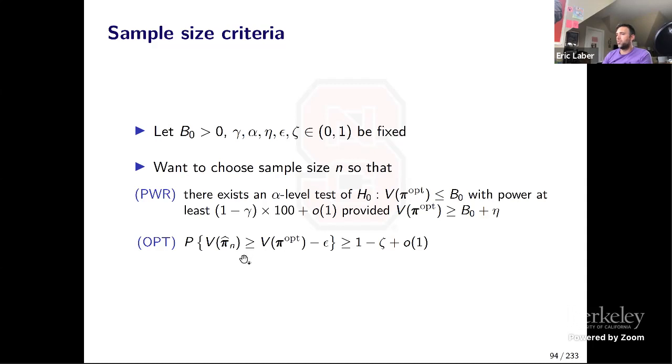And the second thing is we bound the difference between V of pi hat and V of pi opt in terms of the difference between V hat of pi hat and V hat of pi opt. We use a concentration inequality there.